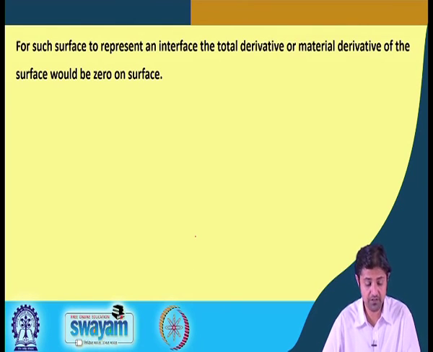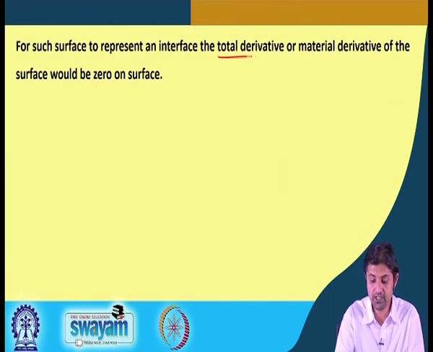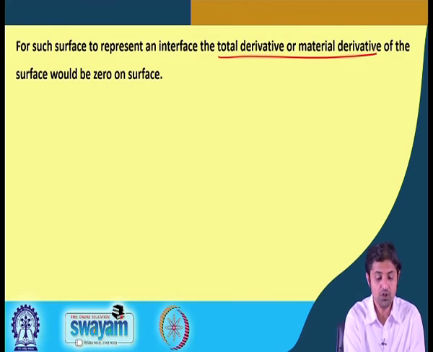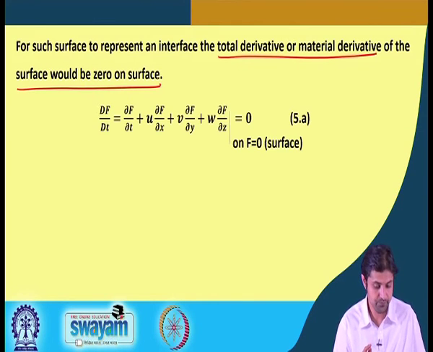For such a surface to represent an interface, the total derivative or material derivative of the surface would be 0 on that surface. This is our definition: there should be no flow across the interface, which means the material derivative of the surface would be 0 on the surface, because there is no flow across that.